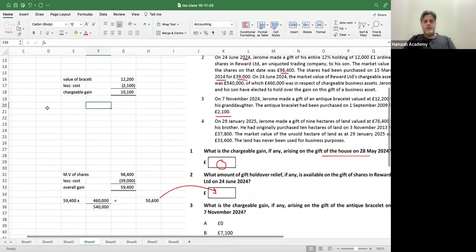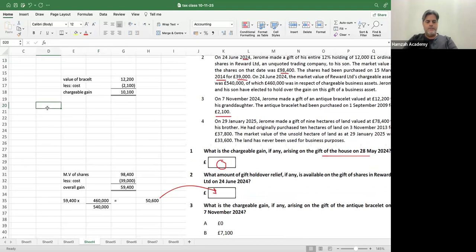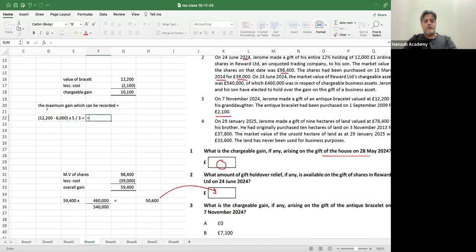This has to be compared with the maximum gain which can be recorded, which is 12,200 minus the deemed cost of 6,000, into 5 by 3.